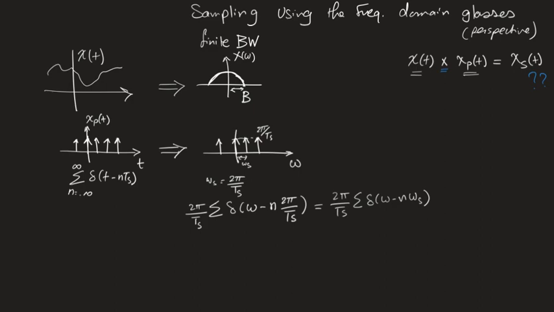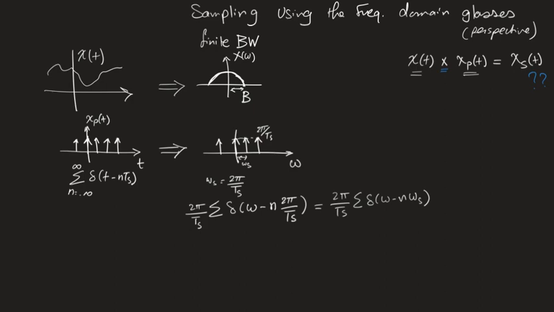The space between each of them is 2 pi over Ts, and the height of each one is also 2 pi over Ts. You can write it this way, or 2 pi over Ts can be replaced by the definition we call omega s. So this is another train of deltas in frequency domain.